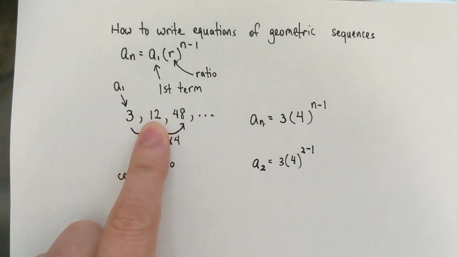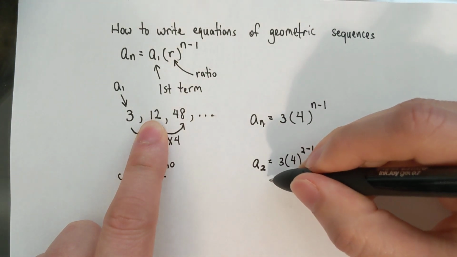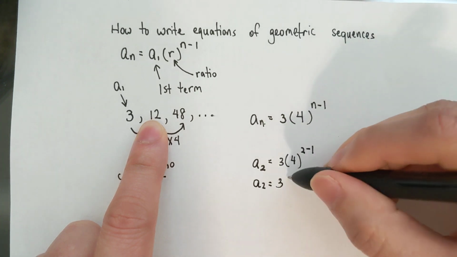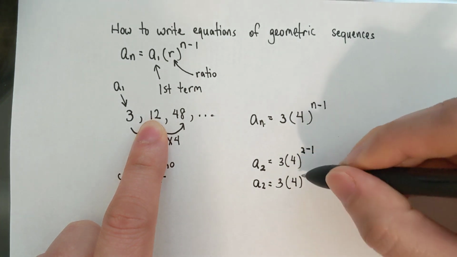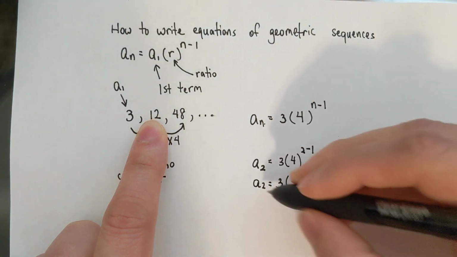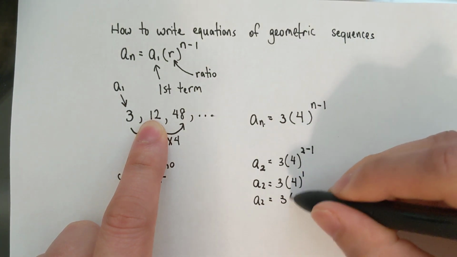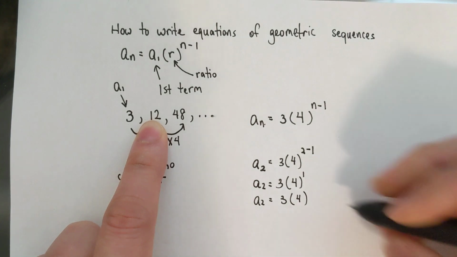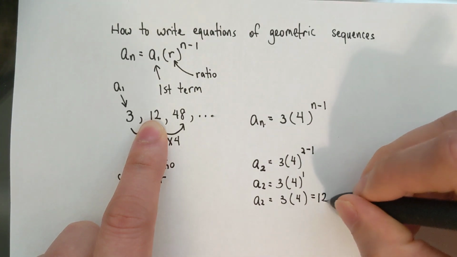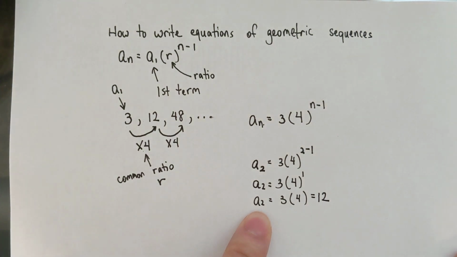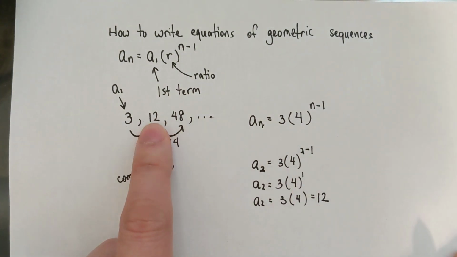And the answer should be 12, because that's the second number in the pattern. Two minus 1 is 1. 4 to the power of 1 is 4. And we know 3 times 4 is 12. So as you can see, the second term in the pattern is 12.